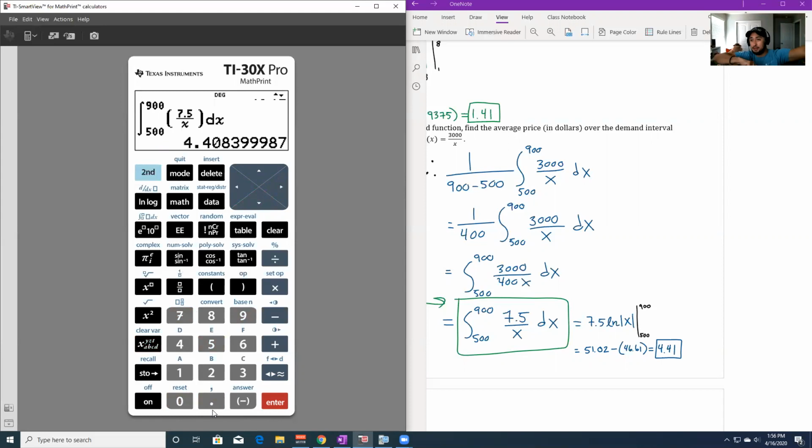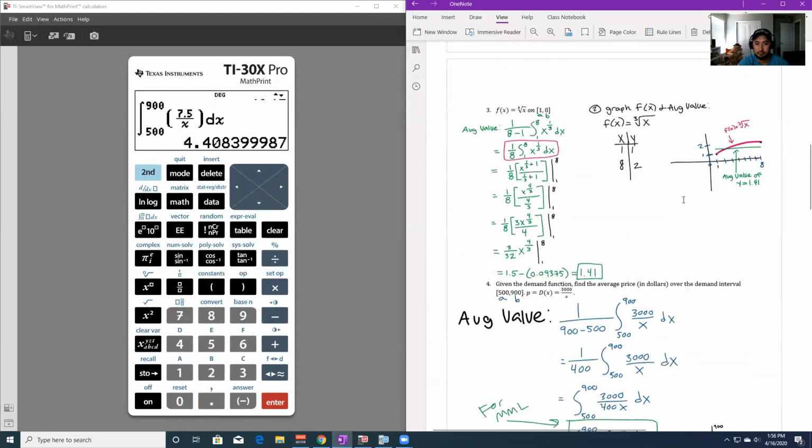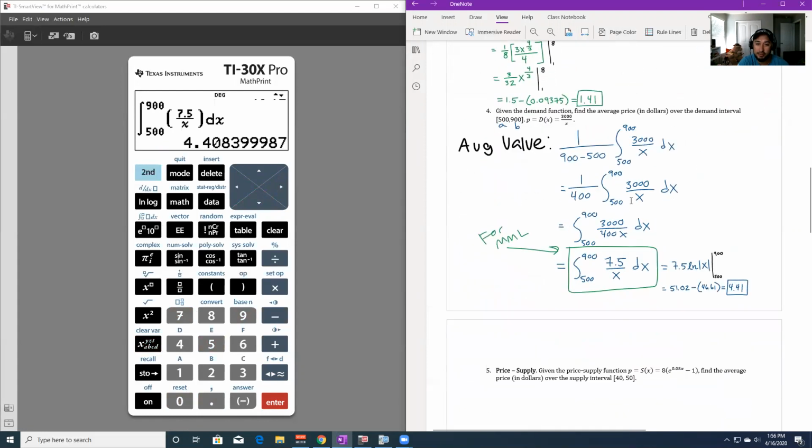There you go. That's it. That's our average value. No need to graph this one. Thank goodness. Okay, perfect. It looks like "average valve," not "value." Oh, whatever. You get it.